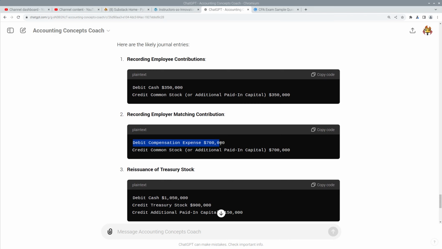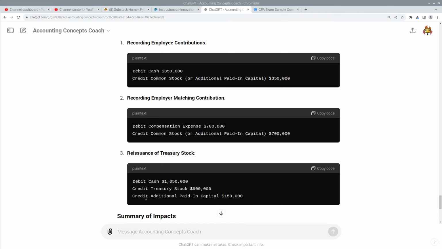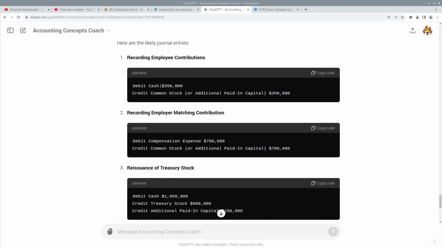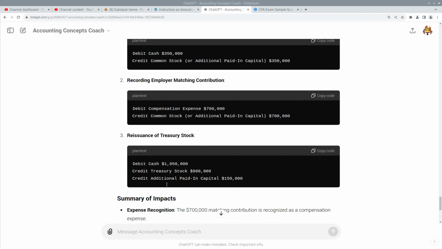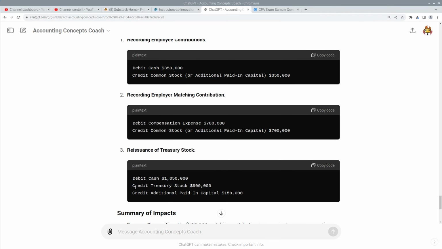Oh, I see. Debit expense. And the net debit of cash, I think they doubled it up here. So this gets rolled up into this transaction, I think. So you debit cash for $1,050,000, credit treasury stock $900,000, credit additional paid in capital $150,000. I think that makes sense.